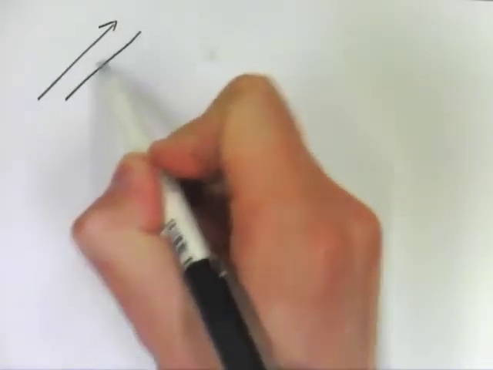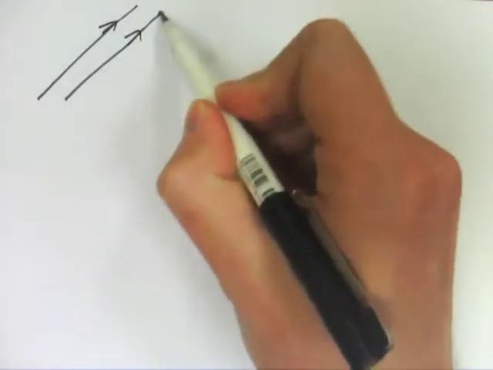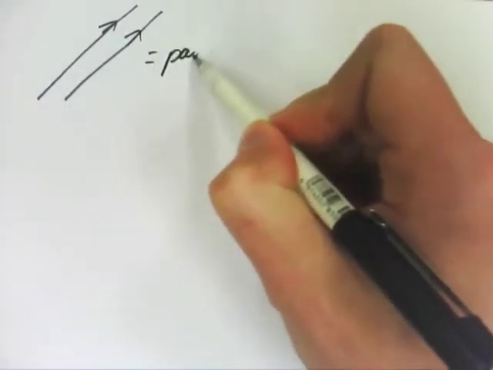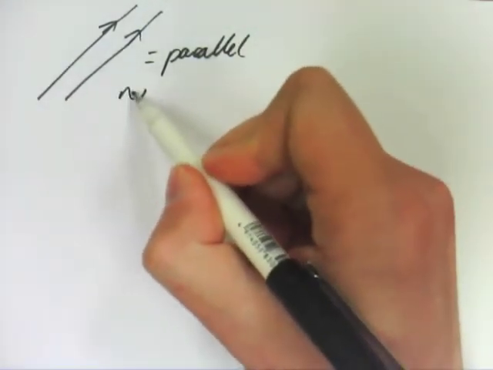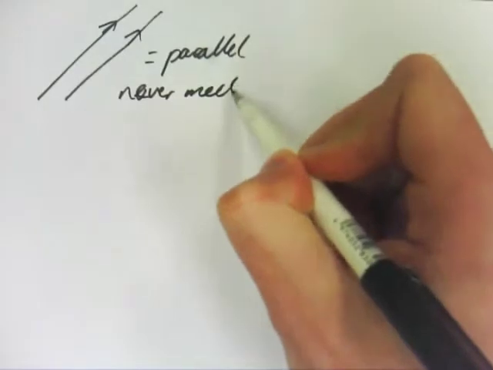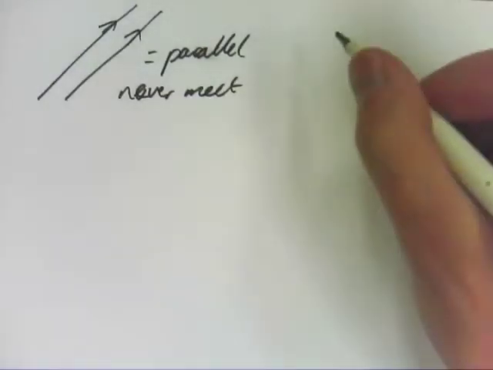There are more symbols. Two lines with arrows on them like that, they are parallel, which means they never meet. They're always going to stay the same distance apart.